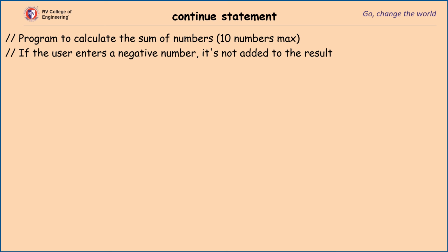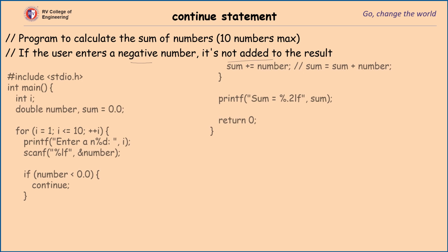We shall just have a look at an example. To calculate the sum of 10 numbers, now if the user enters a negative number, you should not add it to the sum. You should not add it to the result. Now here there is a slight difference. So again, I made use of the for loop. If the number is less than 0, whatever follows after this continue statement will not be executed. What is after this continue statement?